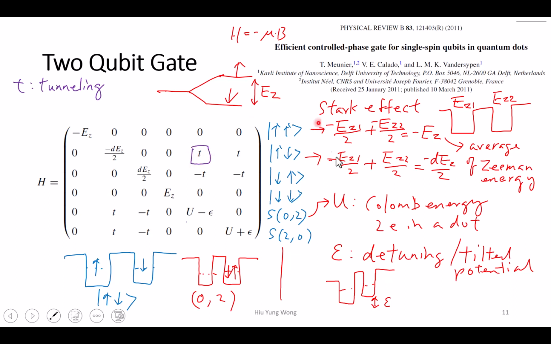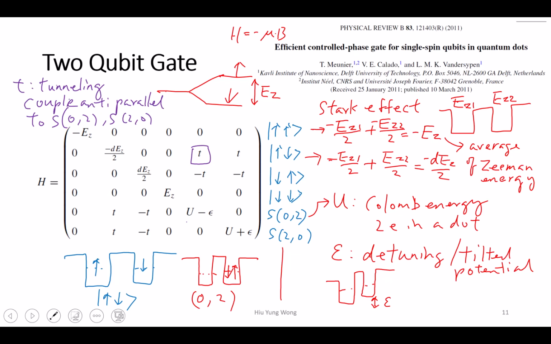If you look at the matrix and do the matrix multiplication, it couples the anti-parallel states to the S02 or S20 states. Then it is very clear now, because if I'm in the anti-parallel state, I have a chance to become a 0,2 or 2,0 state. It means one of the electrons needs to tunnel to the other quantum dot. And that's why it's called tunneling.